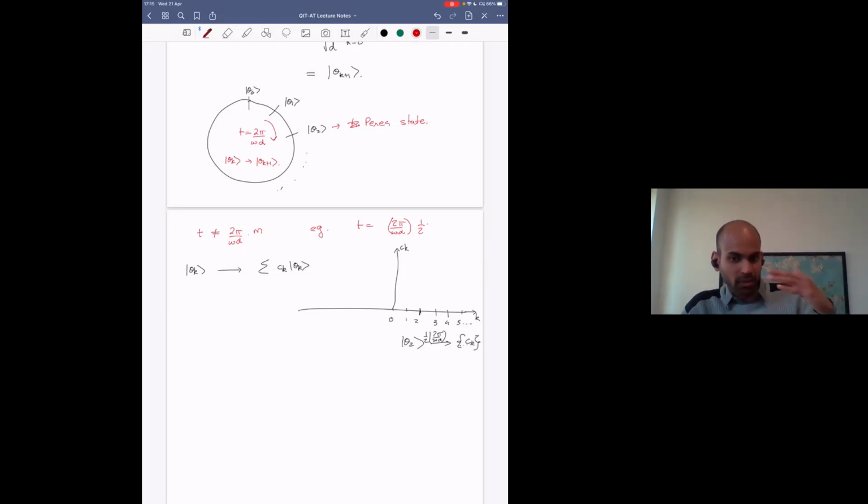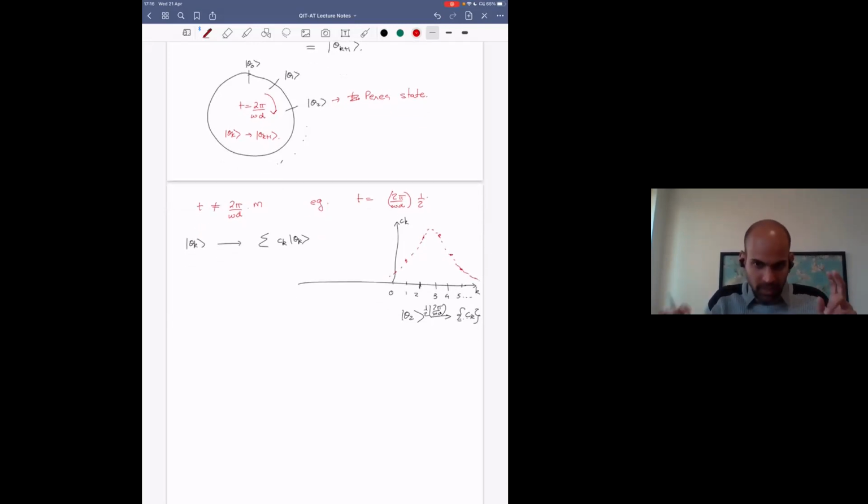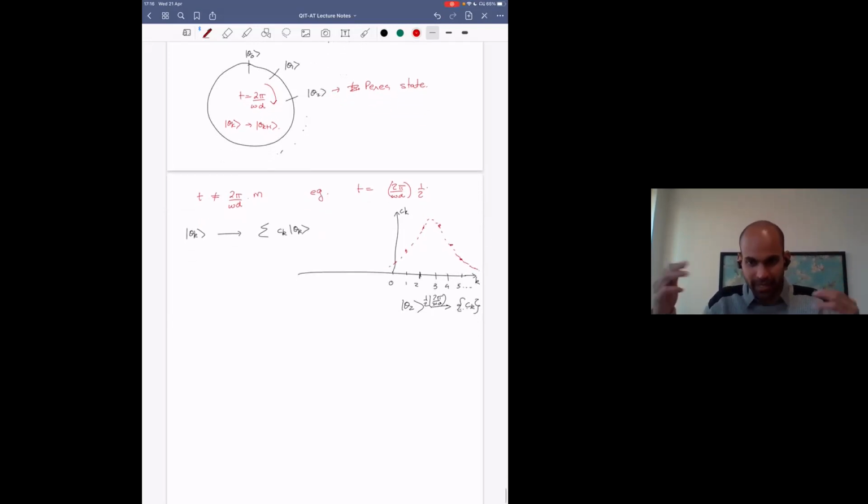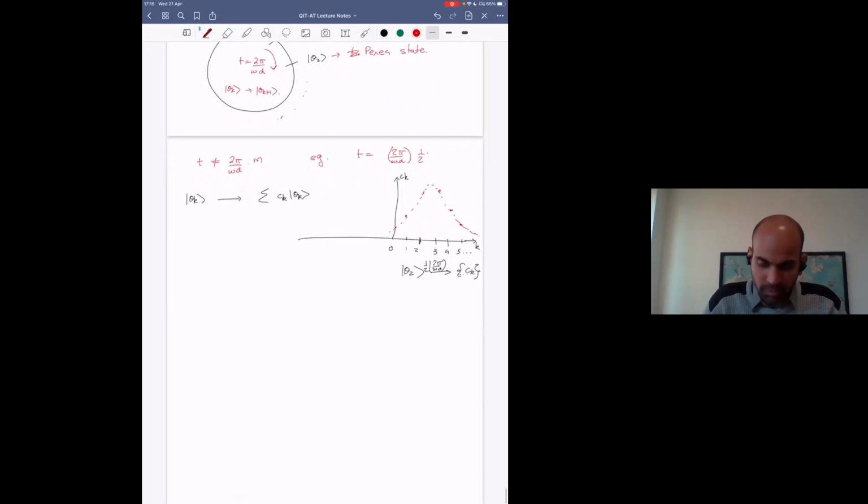As we expect, the biggest contributions are between 2 and 3. So the biggest contributions in the superposition are the two states that it's in between, but the other states are not 0. So we get something. If I were to draw it as a continuous function, it would look something like that. The form of it is related to the sinc function, which is sine x over x, but that's not important.